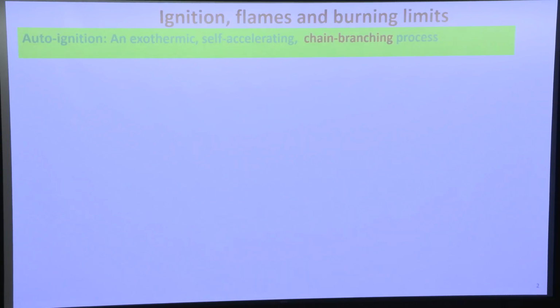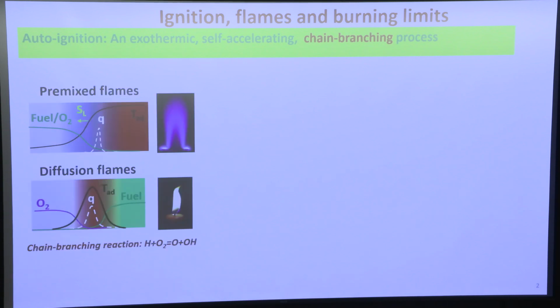Everybody knows that a flame is governed by an exothermic, self-accelerating chain branching process that allows the flame to propagate. You can have a premixed flame like this, with flame propagation speed, fuel and oxidizer heat release, and adiabatic flame temperature. You can have a diffusion flame like a candle flame. At high temperature, everything is governed by these chain branching reactions.